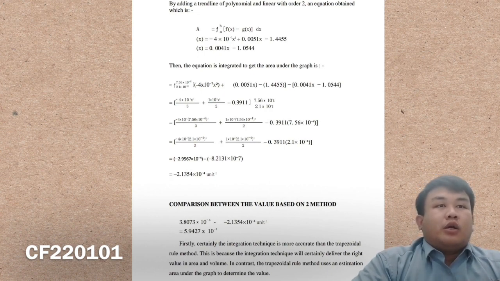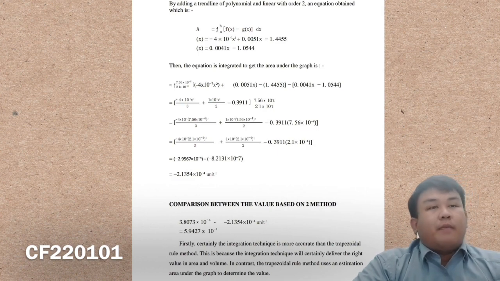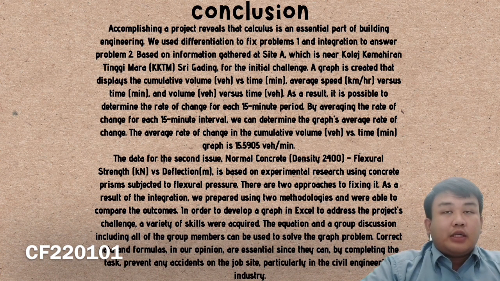Lastly, the trapezoidal rule technique determines the value by employing an estimated region beneath the graph. In conclusion, when we accomplish this calculus project, we found that calculus is an essential part of building engineering.